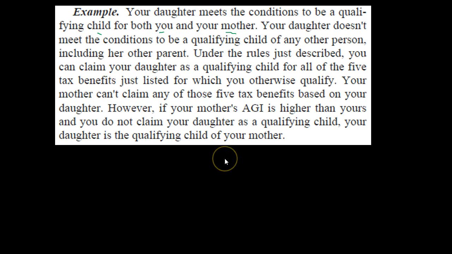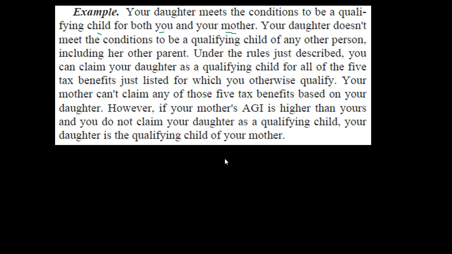So again, in that situation, of course, you would think you would claim the qualifying child, but if you don't, and maybe this is strategic, maybe you would strategically, for some reason, because of tax benefits, decide not to claim the qualifying child. I don't know why. I won't get into the weeds on that.